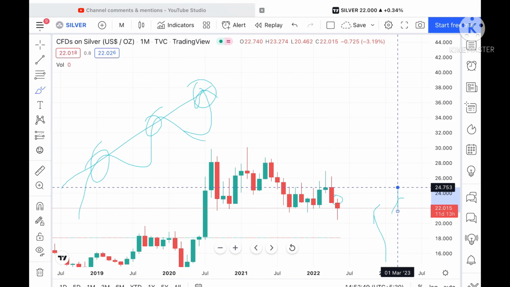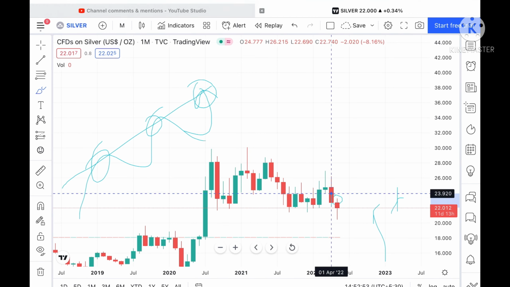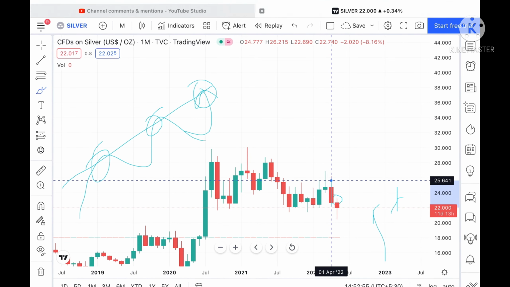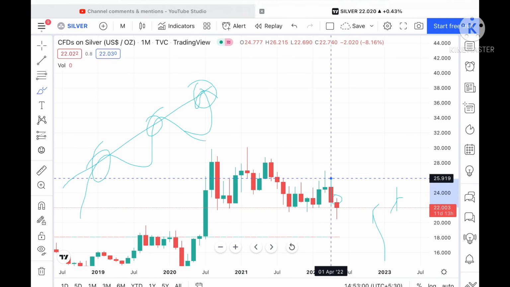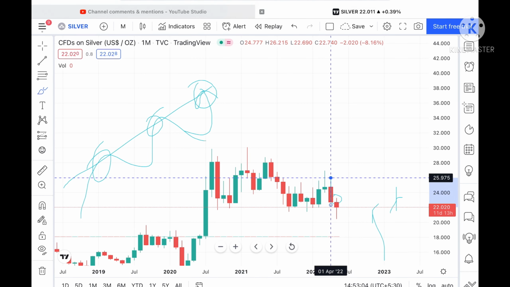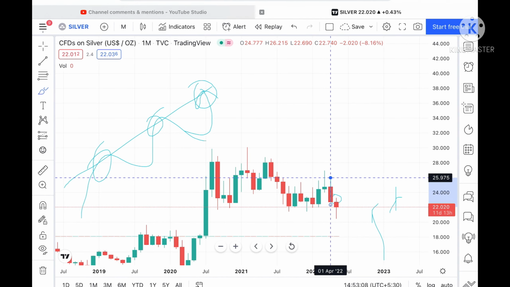This resistance is also a weakened resistance, so we can see it can move further upside towards a level of 25.419, and from there towards a level of 25.975. Once this particular resistance breaks, we can see it can move further upside.